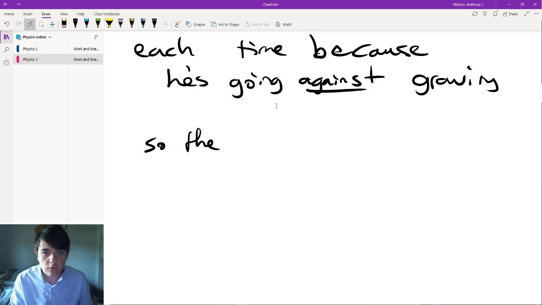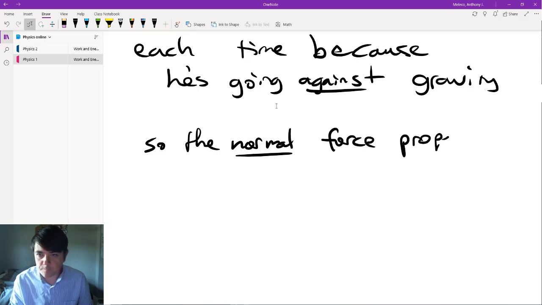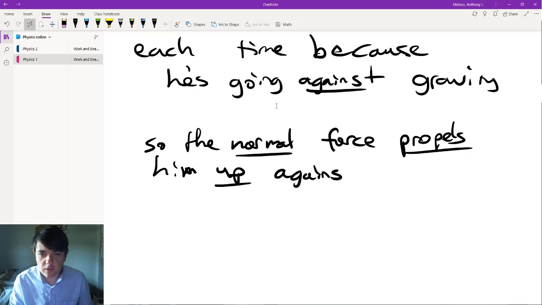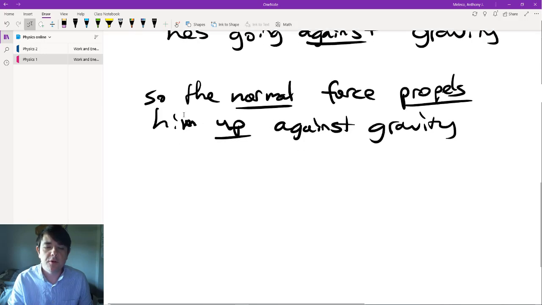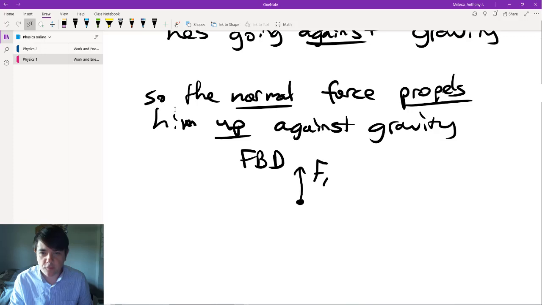So the normal force propels him up against gravity. If we were to do the free body diagram of him, we have the normal force going up, and we have gravity pointing down.